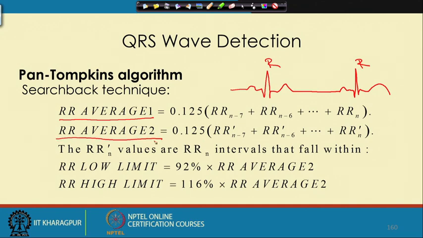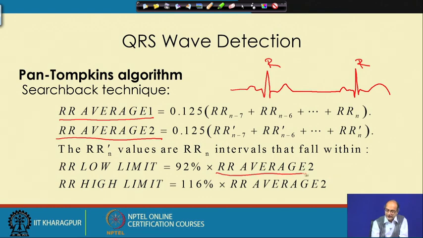Now, how is that refined? A lower limit and an upper limit are set, where RR average 2 is taken as a more stable or robust estimate of the RR interval. The lower limit is set as 92% of it and the upper limit as 116% of it.